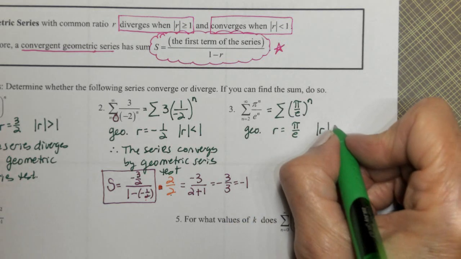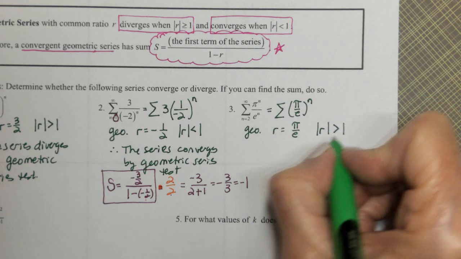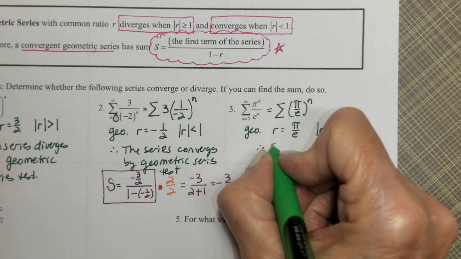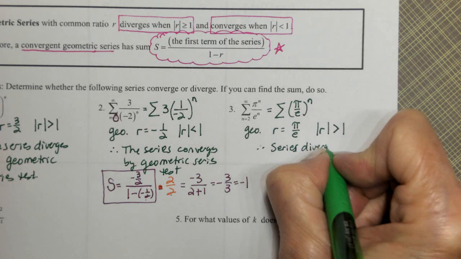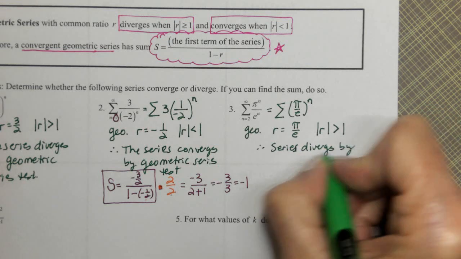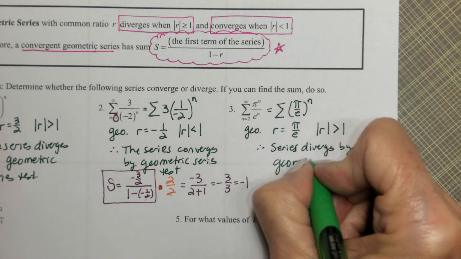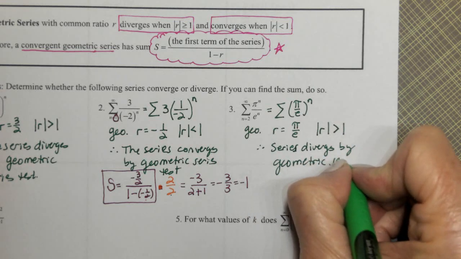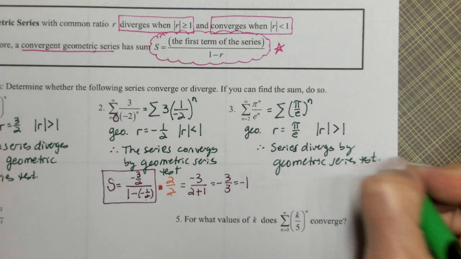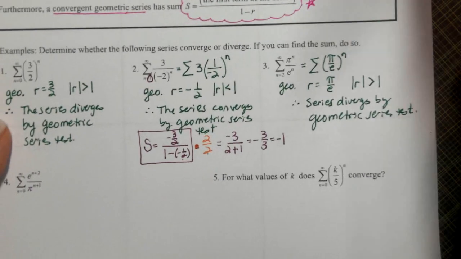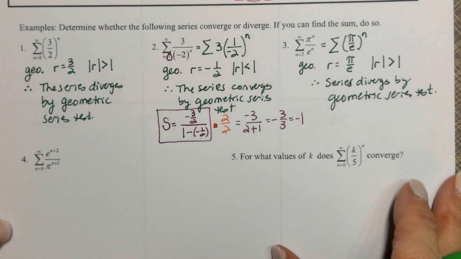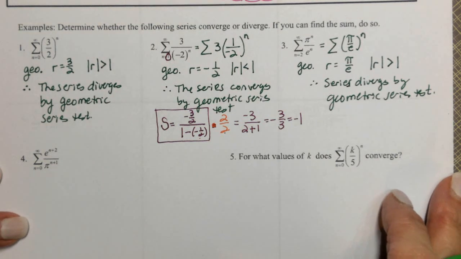So the absolute value of r is greater than 1. Therefore, the series diverges by geometric series test. If it diverges, it's going to go to infinity or negative infinity. We could quickly find out, but we're not asked to do so.